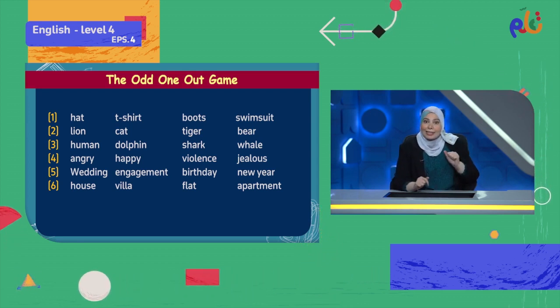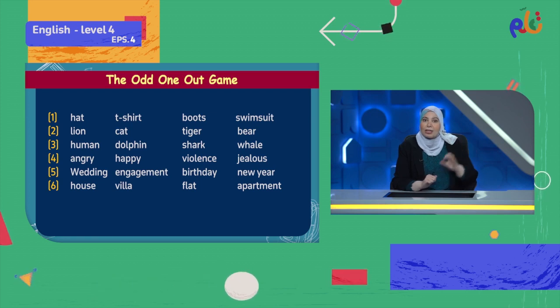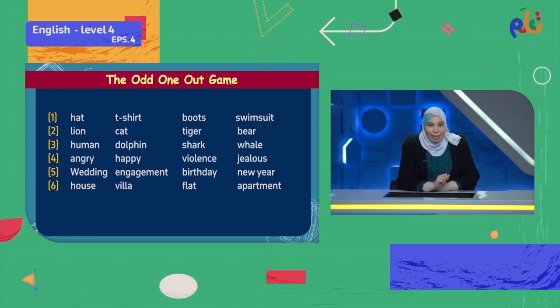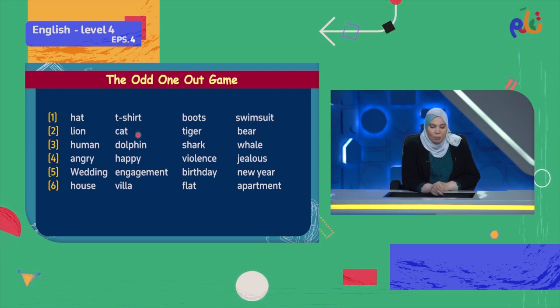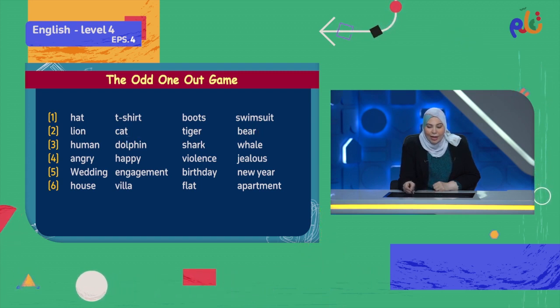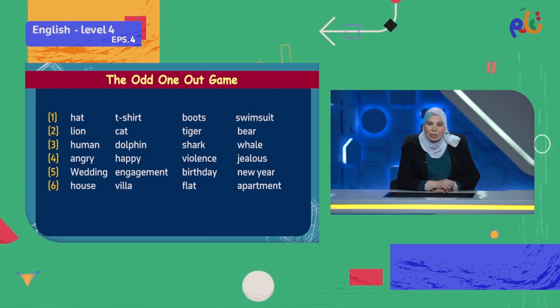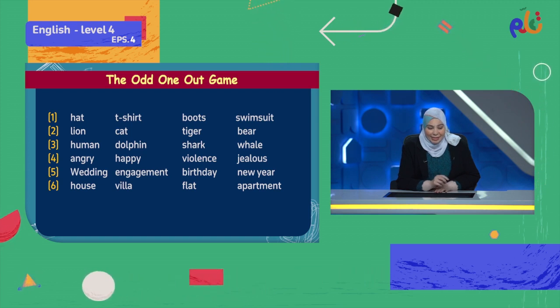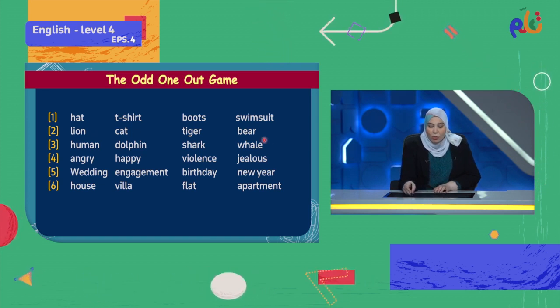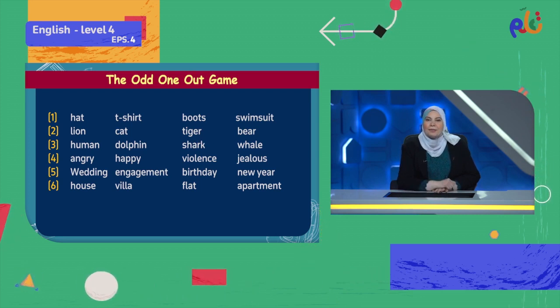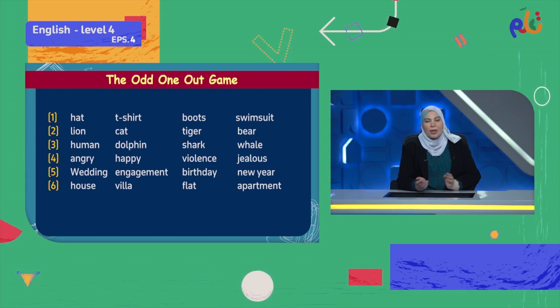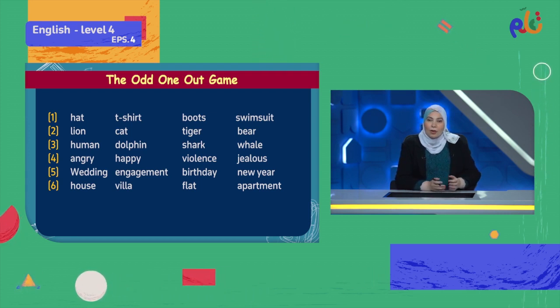Let's look again, and let's again remember the Animal Kingdom episode. In the Animal Kingdom episode, we said that we have similarities between human, dolphin, and whale. Do you remember what that was? Yes, human, dolphin, and whale are mammals, while shark is a fish. So they are not the same part of the kingdom.